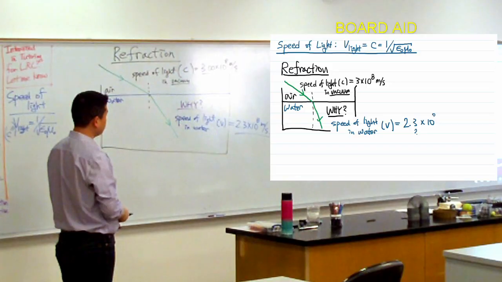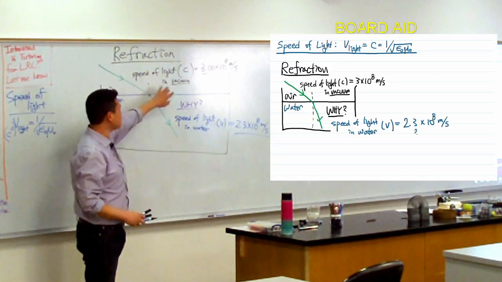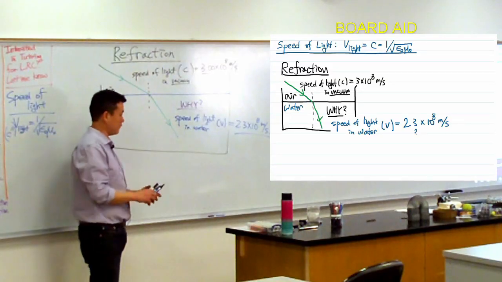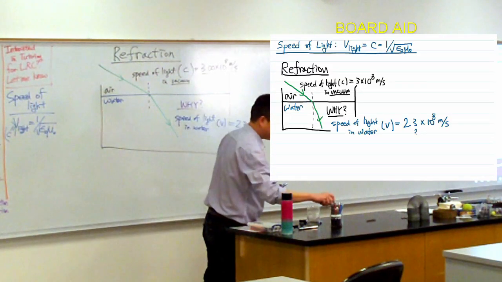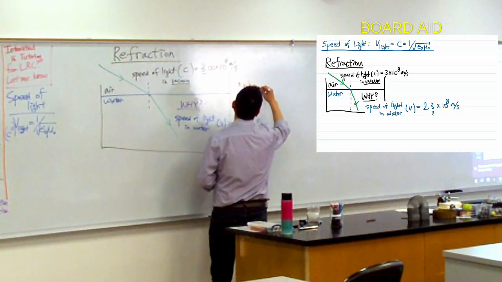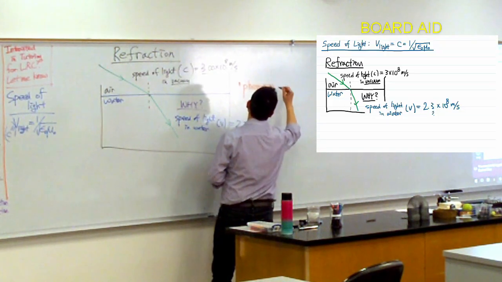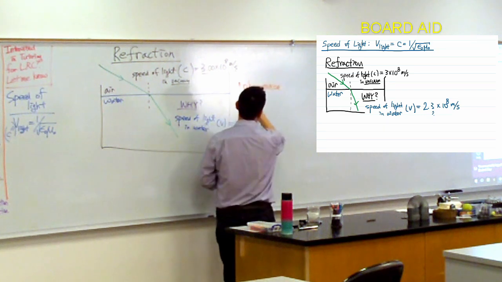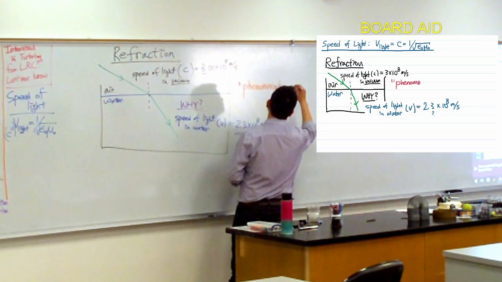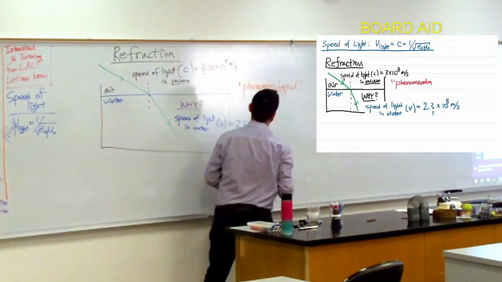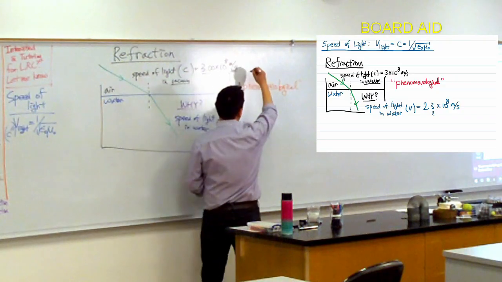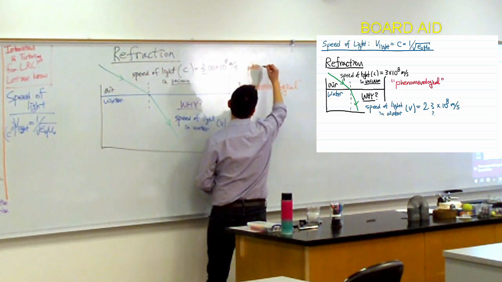So this is what you might call a phenomenological description. I don't know if you've heard or seen this word before. Anybody here? This is, I think, how you spell it: phenomenological. It's coming from the basic root word phenomenon.